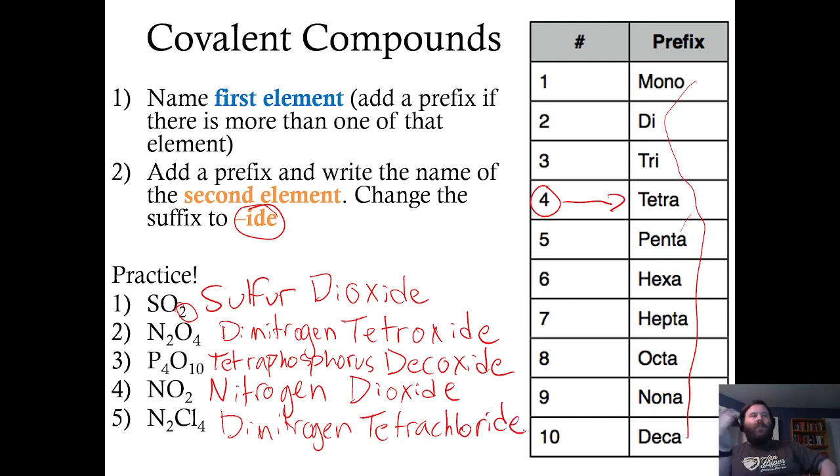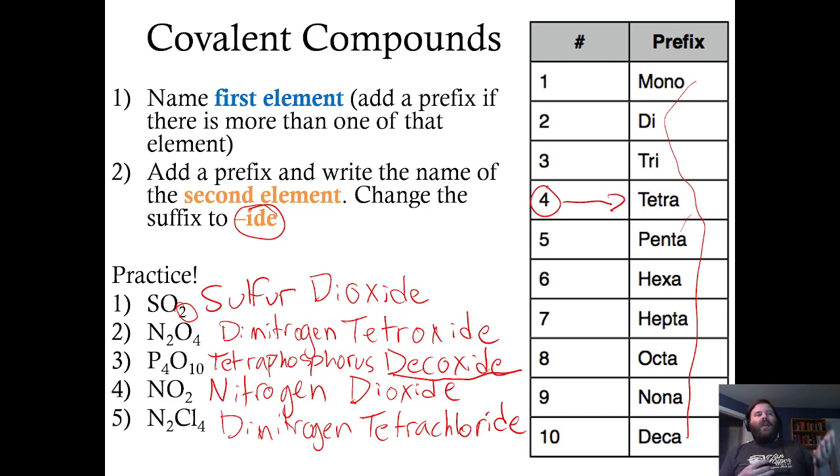Okay, so there's some long words in here. The spellings might be a little bit tricky, but if you follow these 2 rules, you'll always get it right, and I'm not going to count you off major points if you called this, let's see, what's a good example? Decaoxide instead of decoxide. You can do either one.